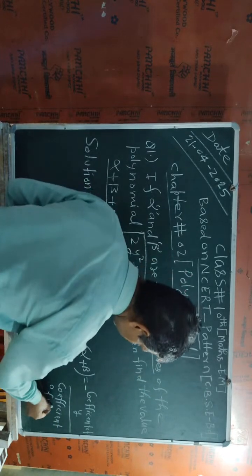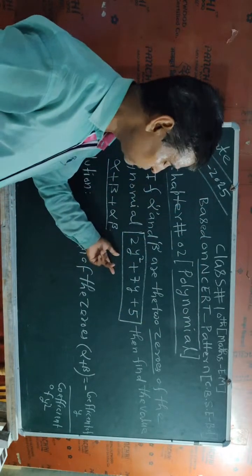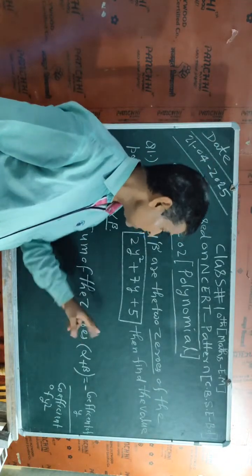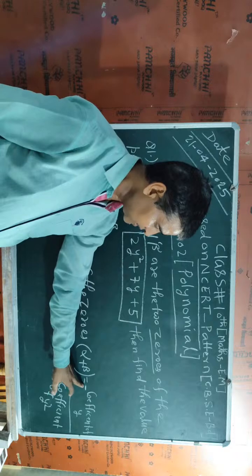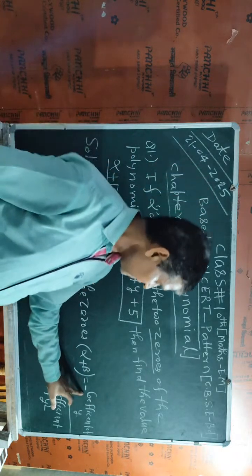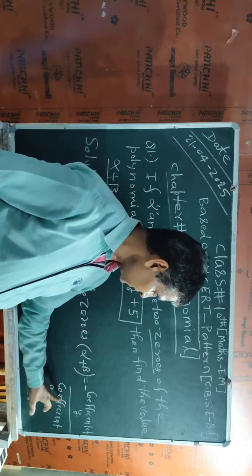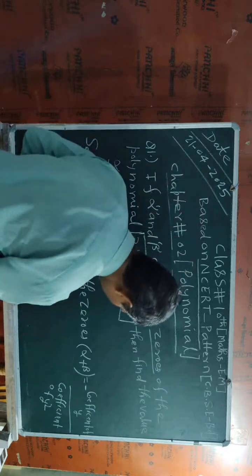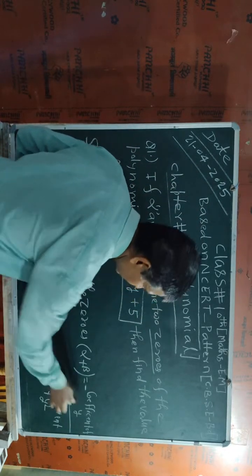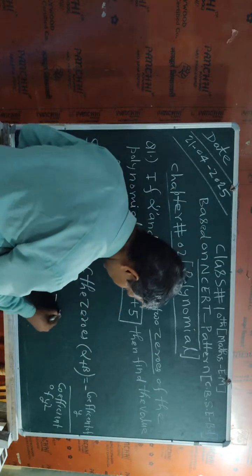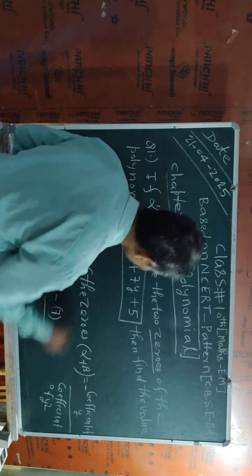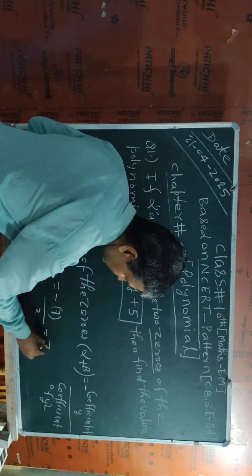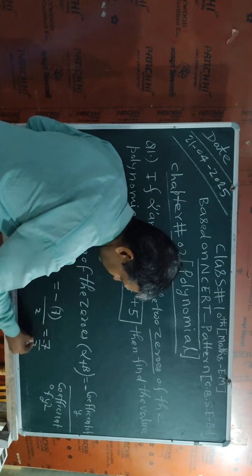Okay, student. This is the quadratic polynomial. From this quadratic polynomial, I will take the sum of the zeros, alpha plus beta, which is equal to minus, the minus sign is already available in the formula, and after the minus sign I write the coefficient of y divided by the coefficient of y square. The coefficient of y is 7, in the bracket I will write it, and the coefficient of y square is 2. So after simplification I will get its value as minus 7 divided by 2.